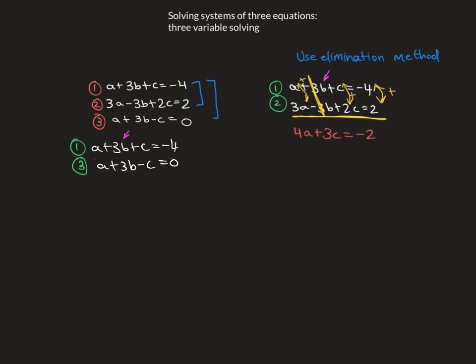We do that by simply multiplying by a negative. When we multiply by a negative, we then get minus a minus 3b plus c equals 0.